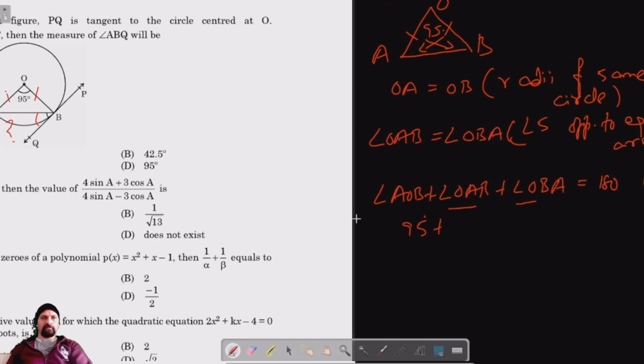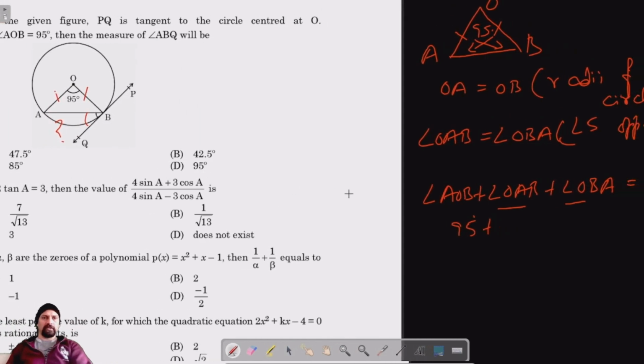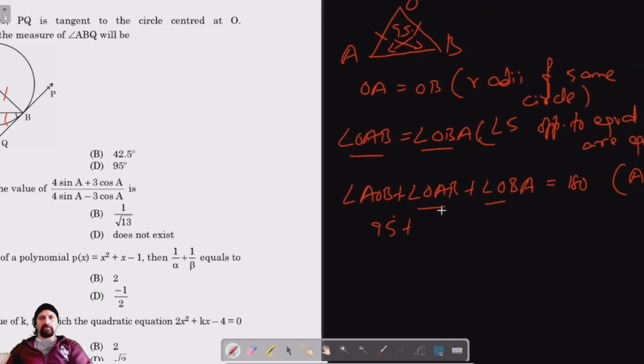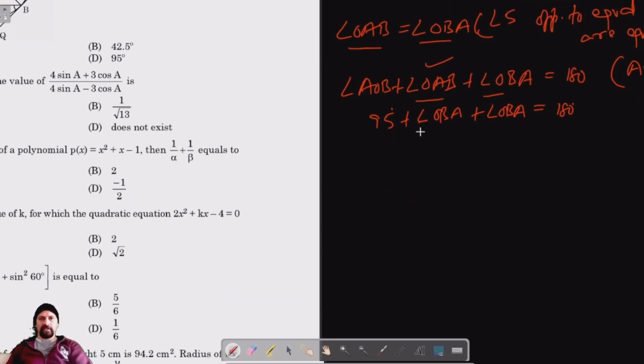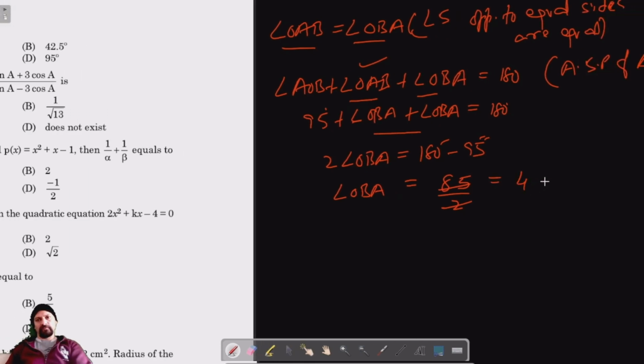These two angles are equal, so I'm going to replace OAB with OBA, plus angle OBA is equal to 180 degrees. Now 2 times angle OBA is equal to 180 minus 95, and 180 minus 95 is 85. So angle OBA is equal to 85 divided by 2, which is 42.5.